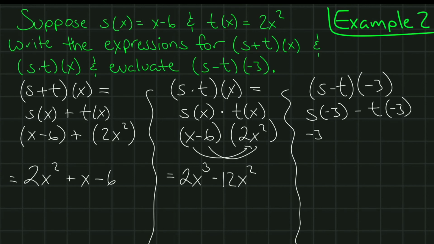So that's negative 3 minus 6 minus 2 times negative 3 squared. Then we simplify. Negative 3 minus 6 is negative 9. Then we have negative 3 squared, that is 9. 9 times 2 is 18. So minus 18. And negative 9 minus 18 is negative 27.